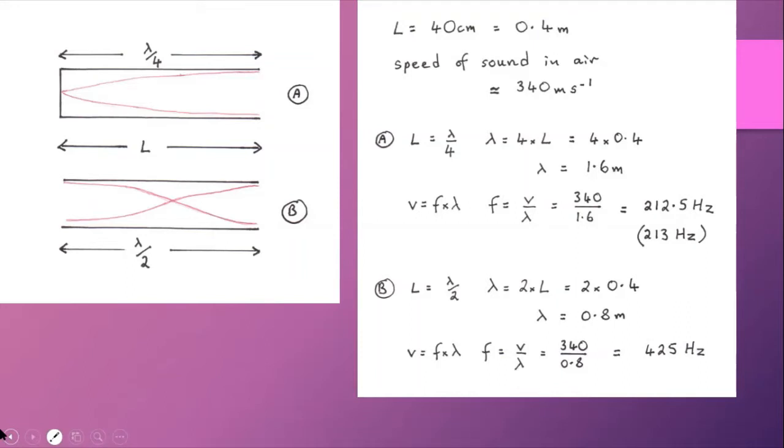Again, a similar analysis leads us to f, the frequency of the fundamental, equals 340 over 0.8, which is 425 hertz. And you'll have noticed, of course, that that is double the frequency for tube A. But we're going to be working with Boomwhackers, tubes that are open at both ends. Let's get moving.